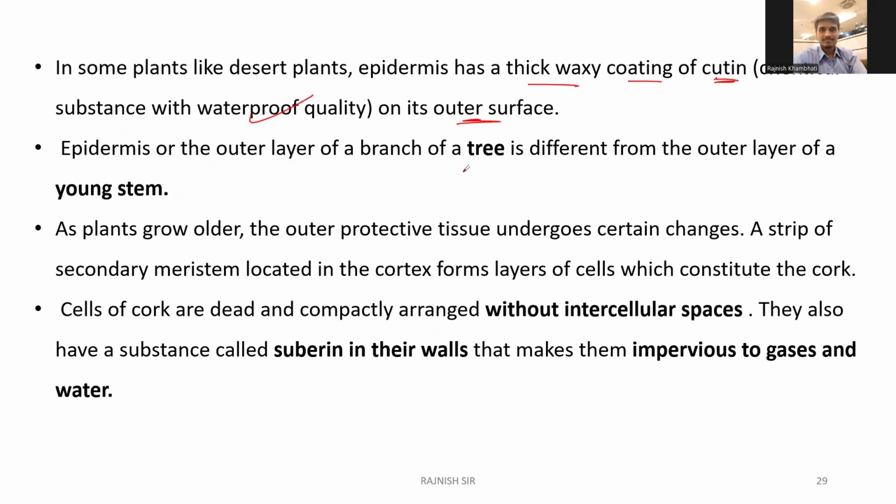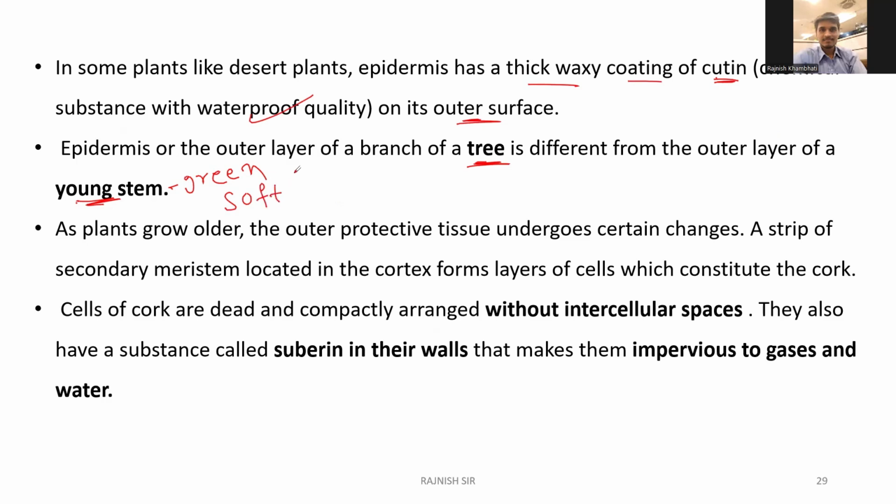The epidermis of the outer layer of a branch of a tree is different from the outer layer of the young stem. You may have seen different plants. Some plants' young stems are green in color and also soft.